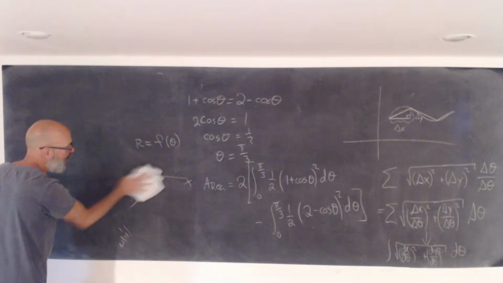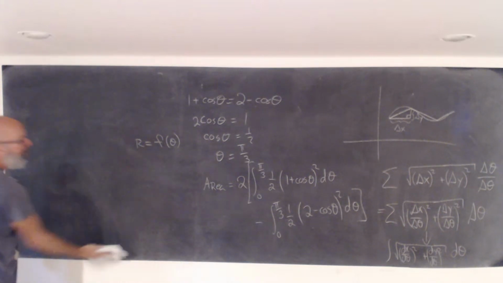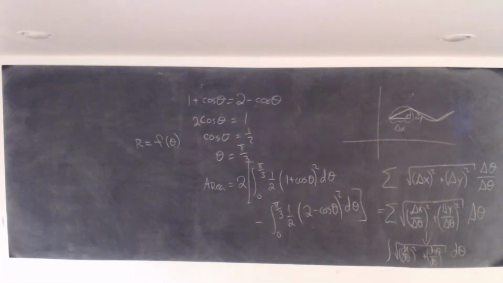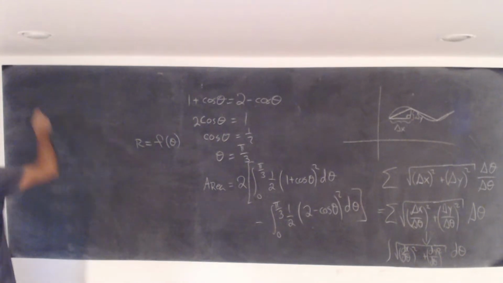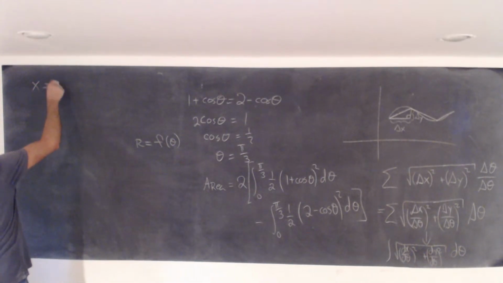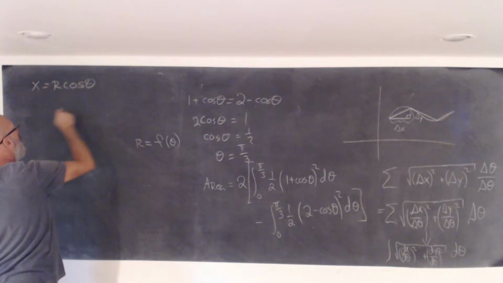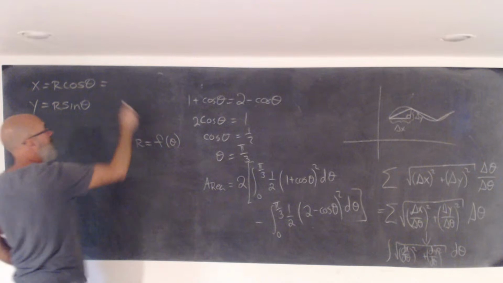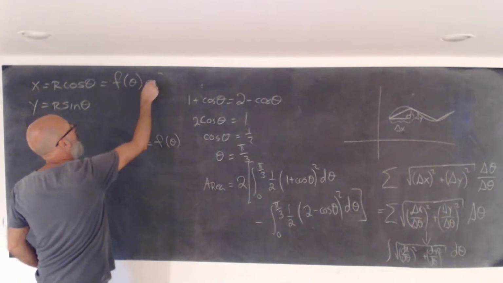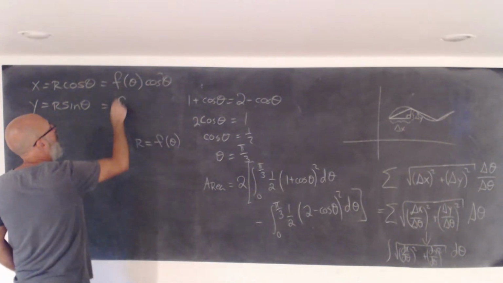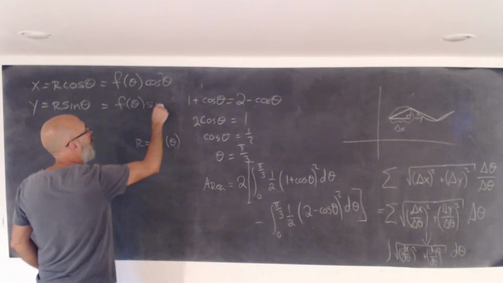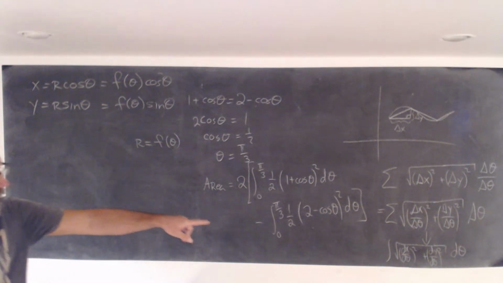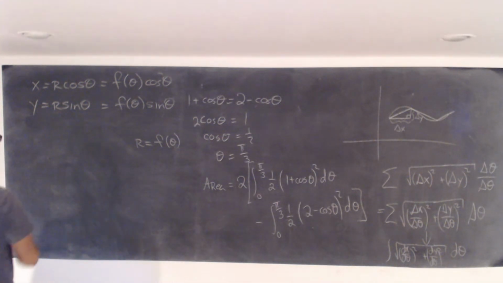But again, let's recall that this is what you're graphing: r equals f of theta, where x, which is r cos theta, and y, which is r sine theta, in this case are really f of theta cos theta and f of theta sine theta. So let's work out dx/d theta.